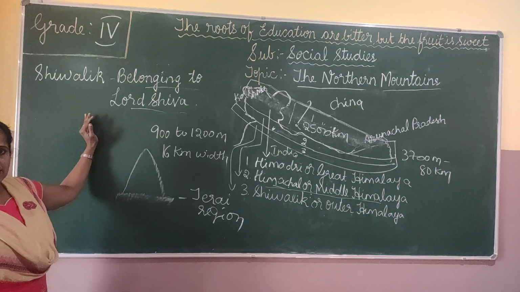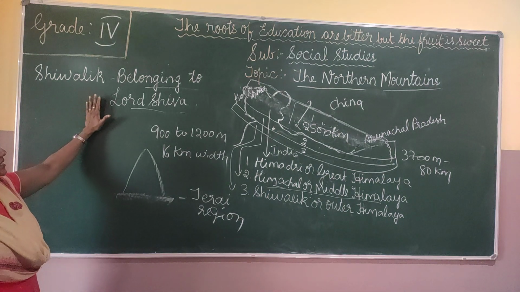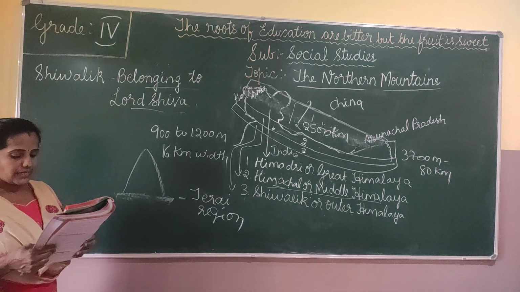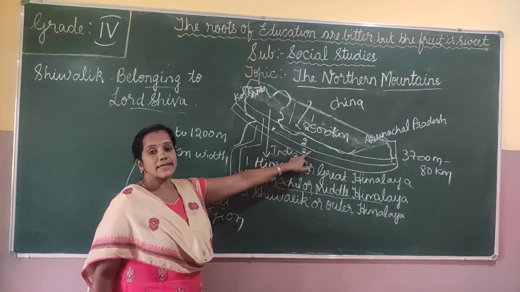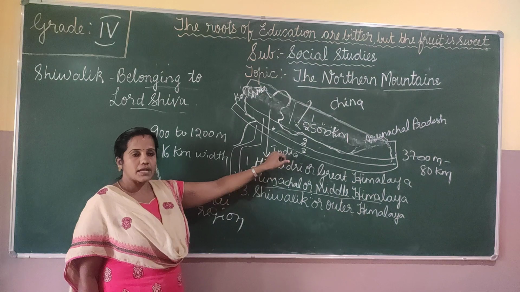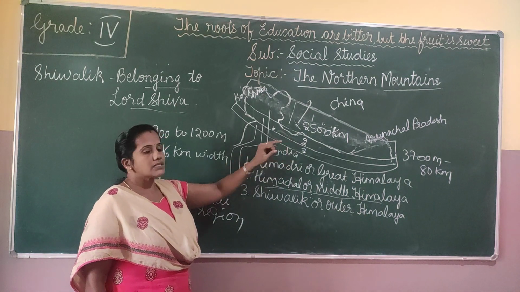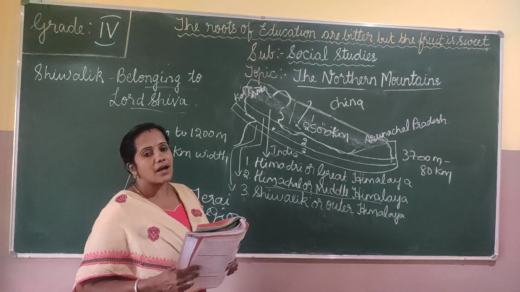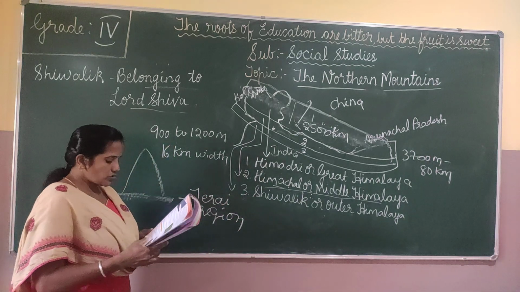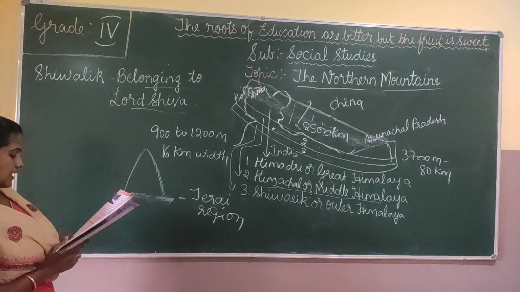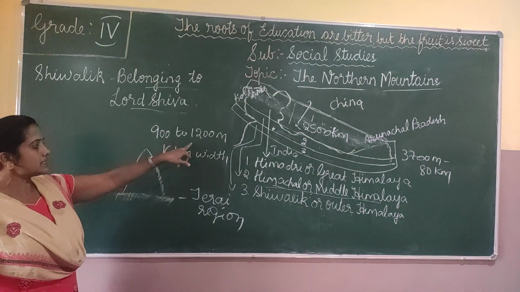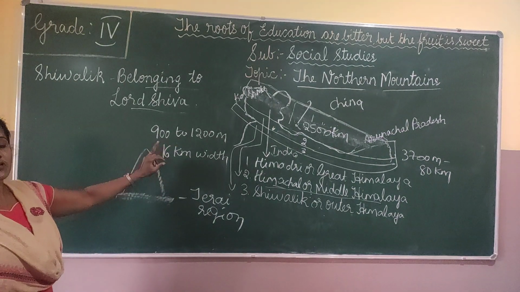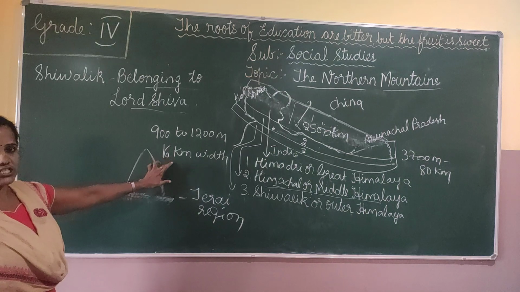The Shivaliks are the lowest and narrowest range of the Himalaya, with an average height of about 900 to 1200 meters, and the width is only about 16 kilometers.